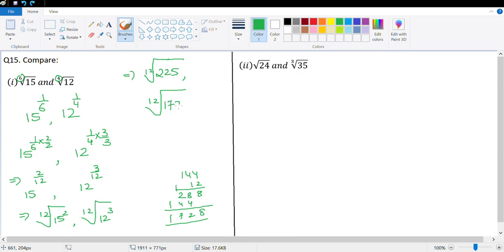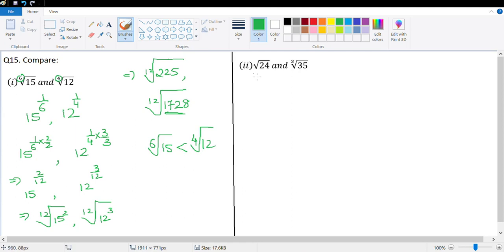Now, once we've made them into the same root, what we realize is that 12th root of 1728 is far more than 12th root of 225. So we can write this as 6th root of 15 is less than 4th root of 12.